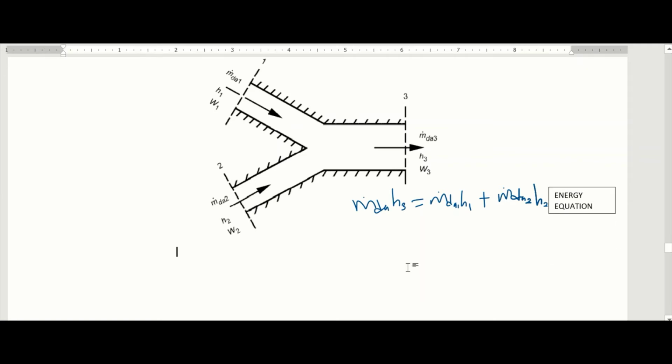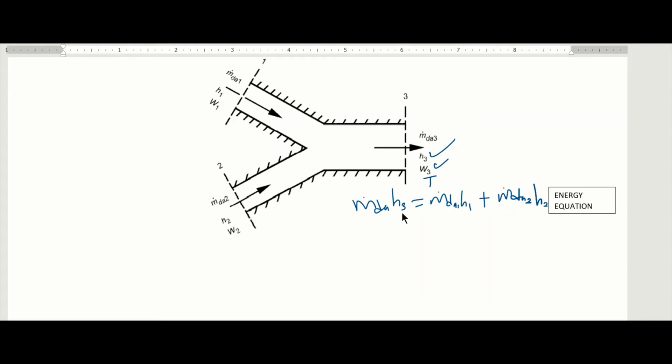All right, now knowing this equation, we can derive formulas for our new enthalpy, humidity ratio, and even for our dry bulb temperature.